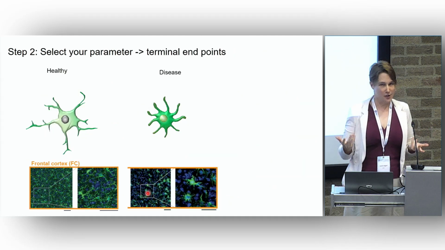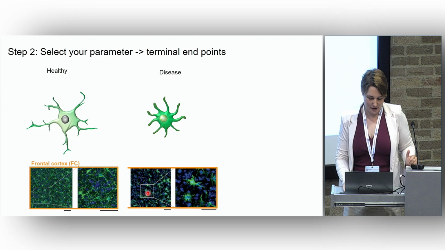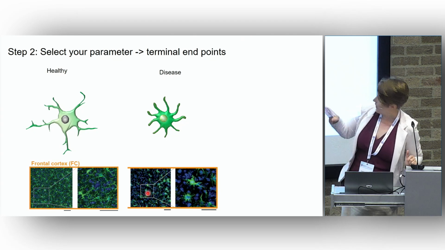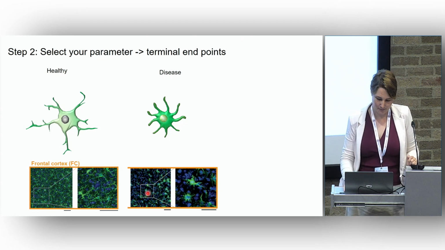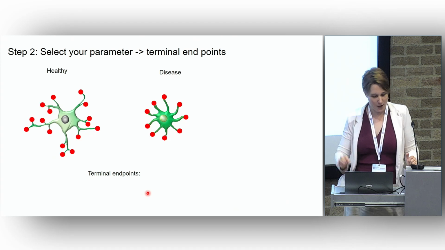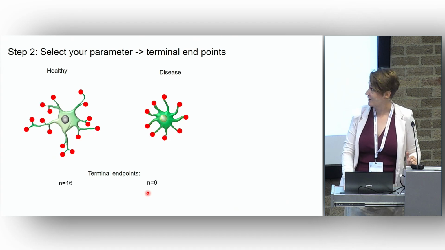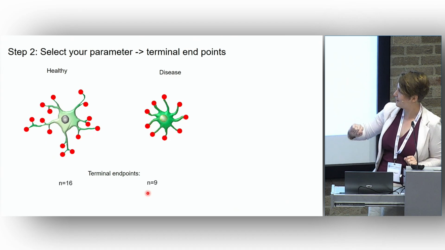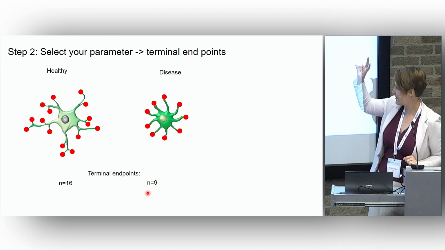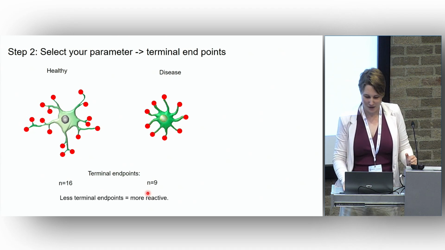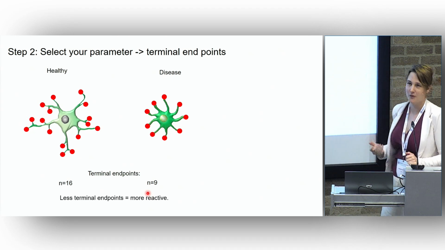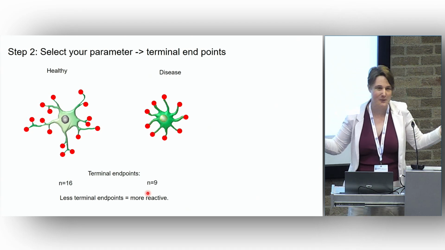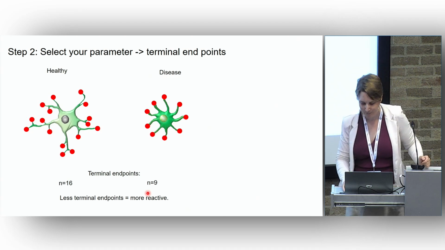In the microglia context, here shown in the frontal cortex, we count the number of terminal endpoints. In this example, we have 16 in the healthy one and 9 in the disease one. So with fewer terminal endpoints, the microglia is more reactive. That's the basic conclusion of what we normally do, or at least my impression of the field.